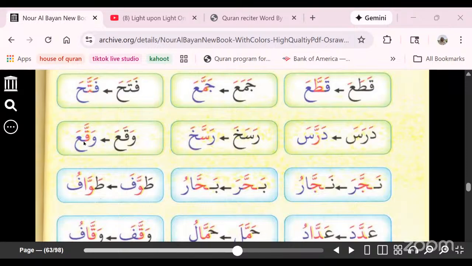You remember there are two qafs there. The first qaf has sukun, waqqa, then waqqa'a. Wakoha. Yes, good job.